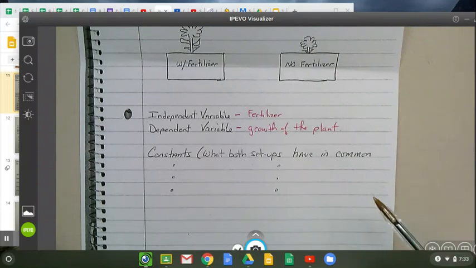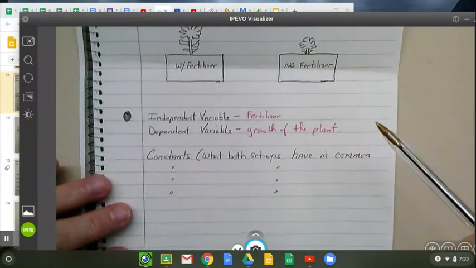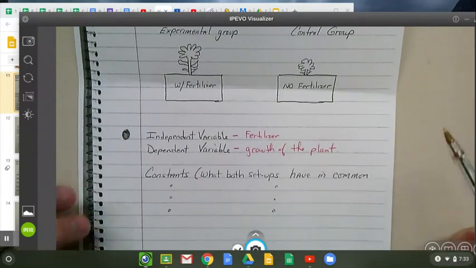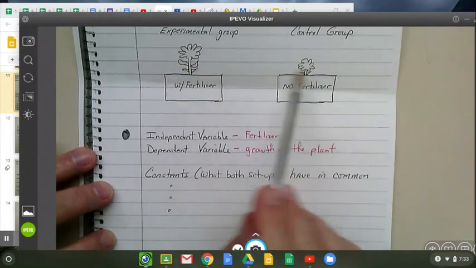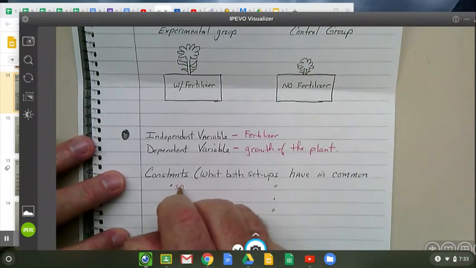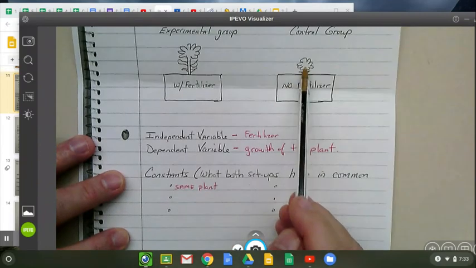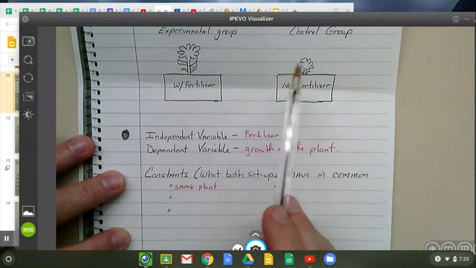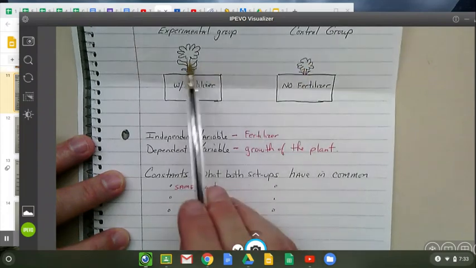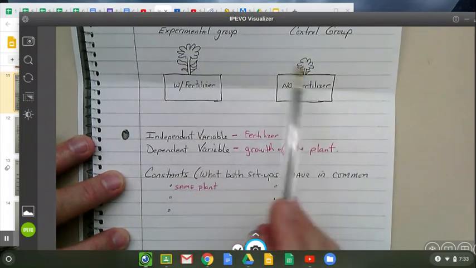Okay, so when I look at these two setups, things that they have in common, well, they should have the same plant. All right, it wouldn't be fair to conduct an experiment if I have one rose and one tulip. So I want to make sure that they are both the same type of plant. So we got two sunflowers here.